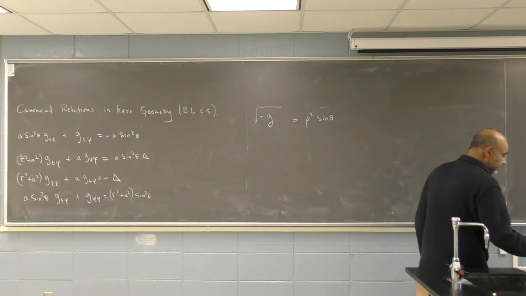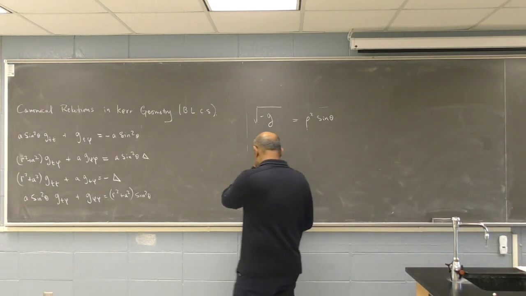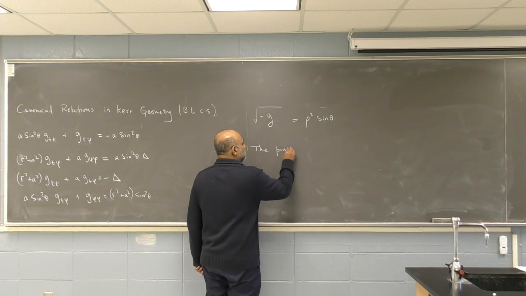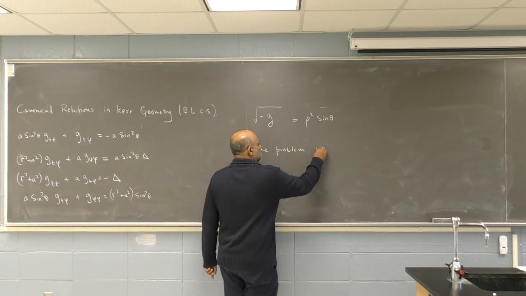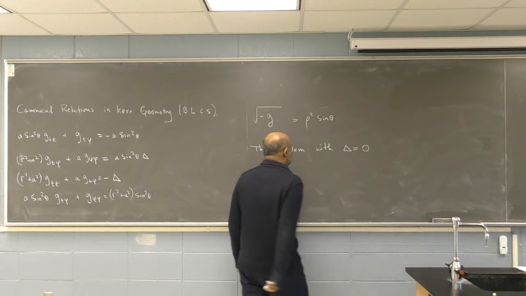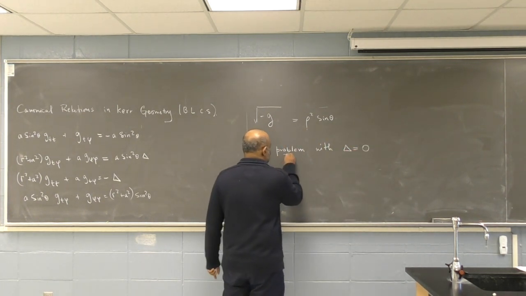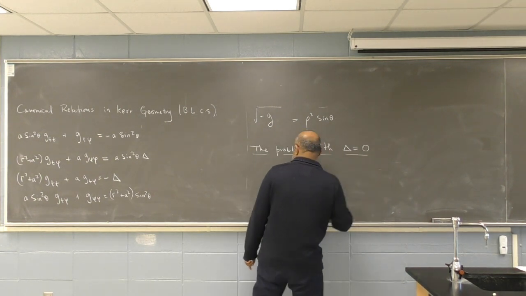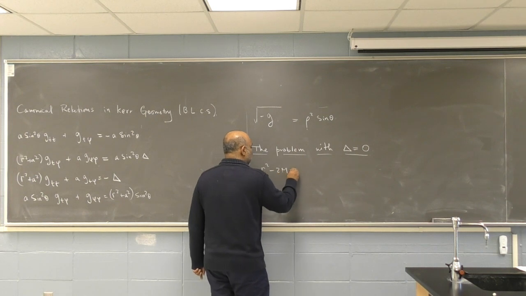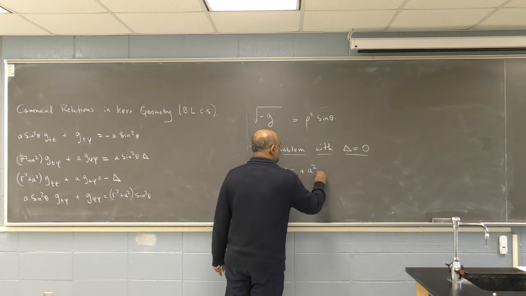So now, the other problem. The expression for delta is minus 2mr plus a squared equals 0.